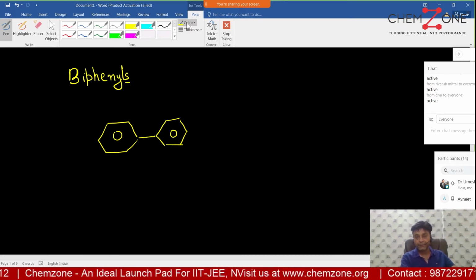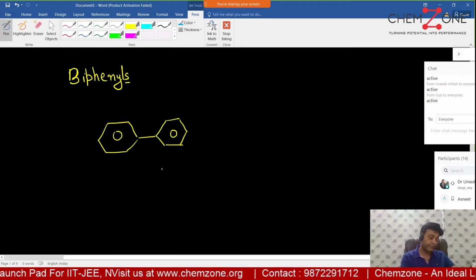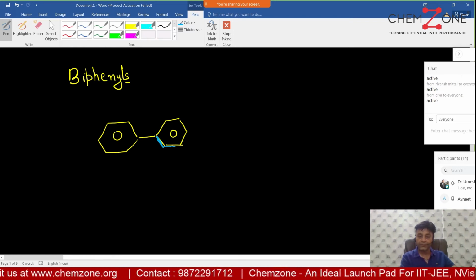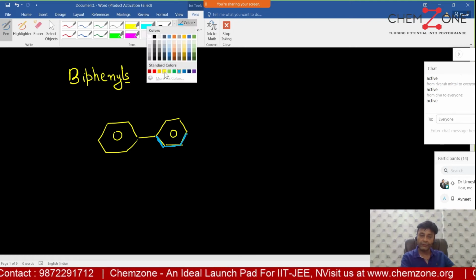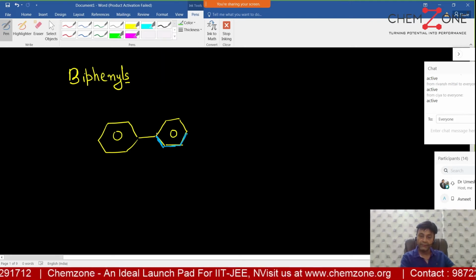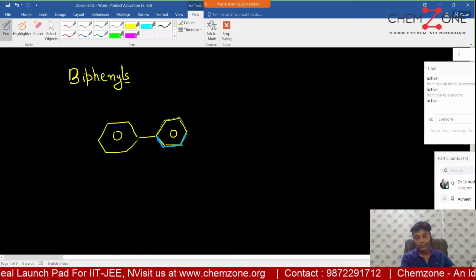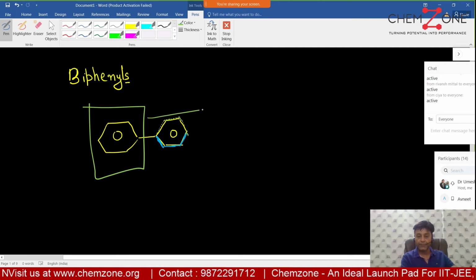One thing to keep in mind is that these two rings are perpendicular to each other. Imagine this is towards the observer and the other yellow part is away from the observer. So I can say this ring and the other ring are perpendicular to each other.